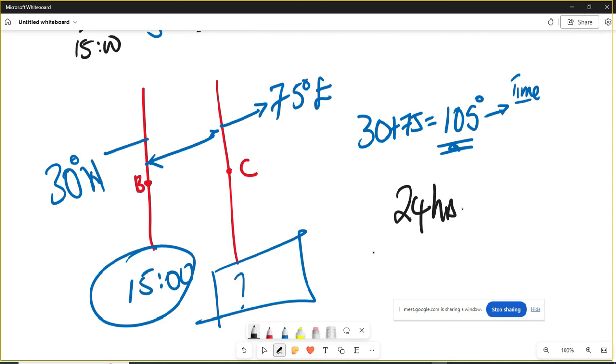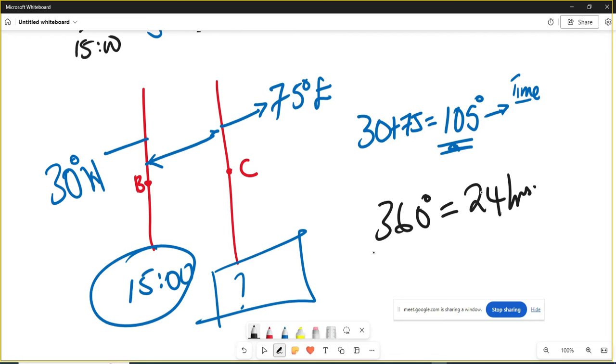The Earth rotates 360 degrees in 24 hours to make a day. So we have 360 degrees of rotation to make one day, which is 24 hours. This is a true relationship. Those who have done geography can agree with me.